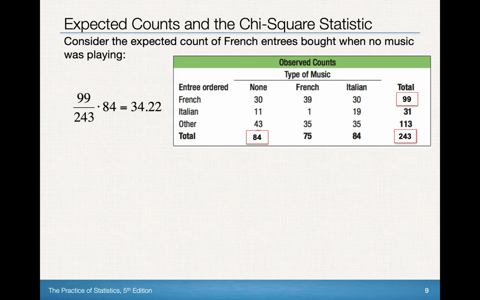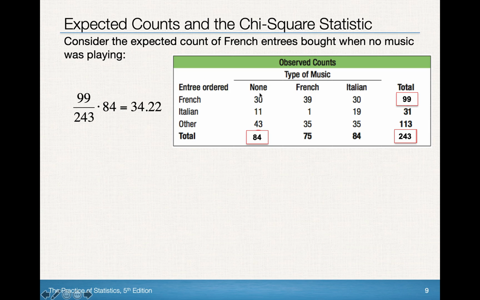In order for us to look at the observed counts versus the expected counts, we need to actually calculate the expected values. For a chi-squared test for goodness of fit, you can do that using your list 1 and list 2. However, here we don't have list 1 and list 2, we have a matrix. So in order for us to find the expected counts, we need to do the row total times the column total divided by the table total. In this example, I'm finding the expected count of French entrees bought when no music was playing.